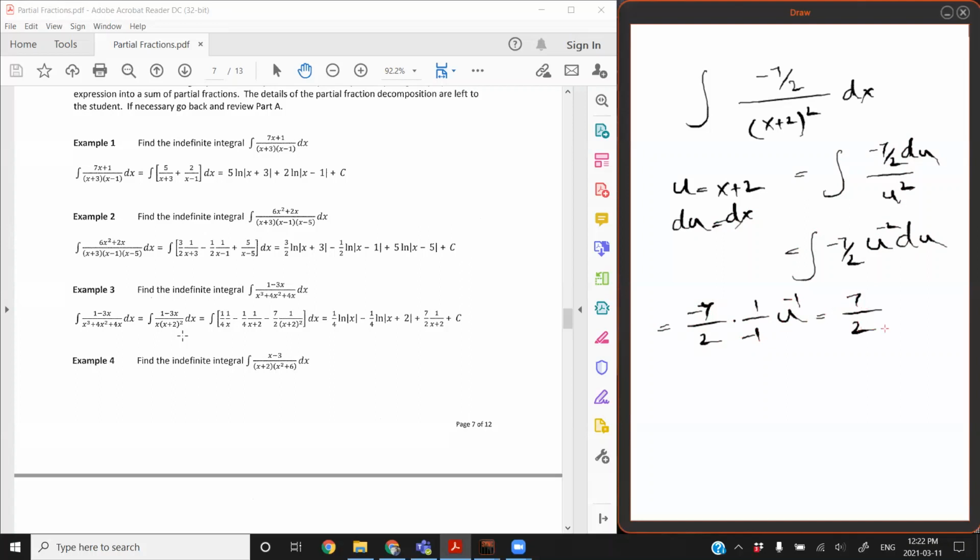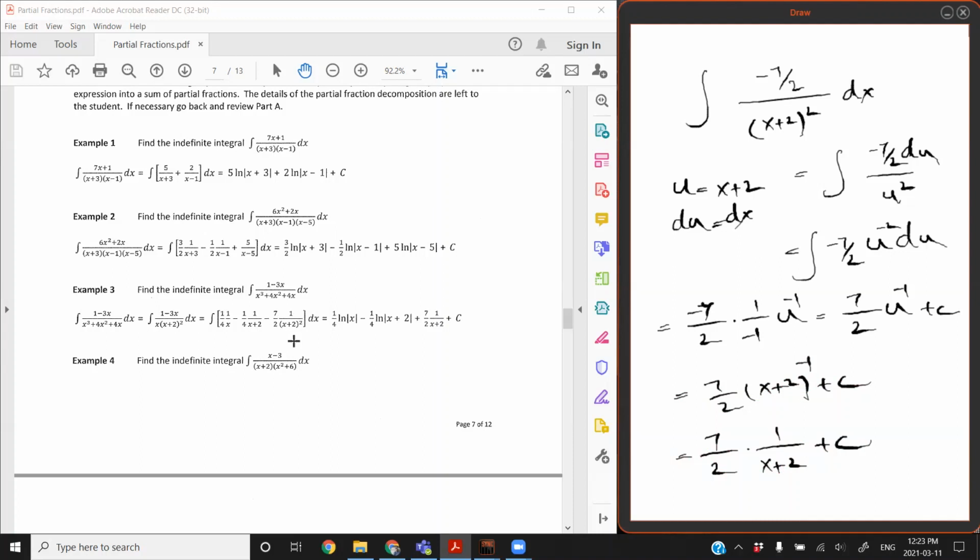So it's 7 over 2 u to the power of negative 1 plus c. And you can replace u with x plus 2 now, which is the same thing as this. So that's how you can do the last one.